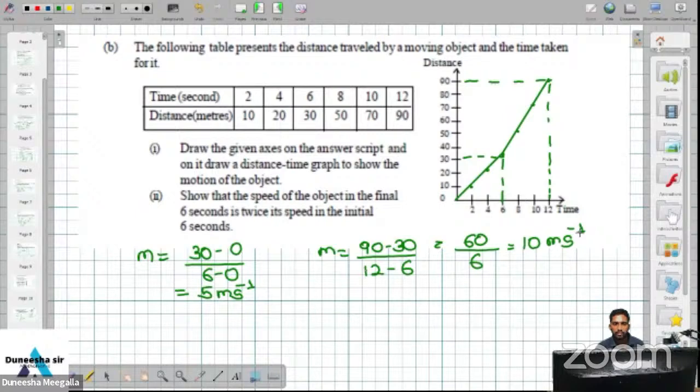Now can you see the speed is twice the initial? Okay.